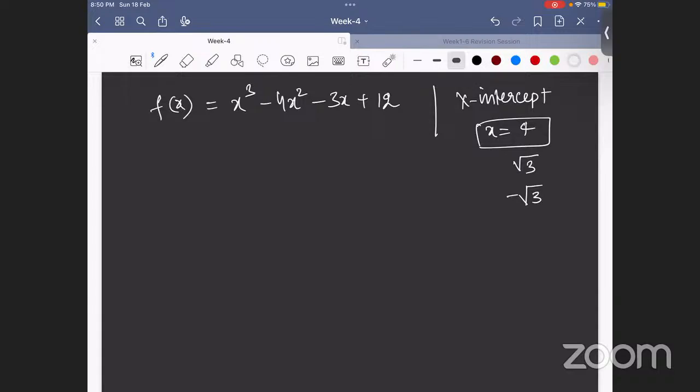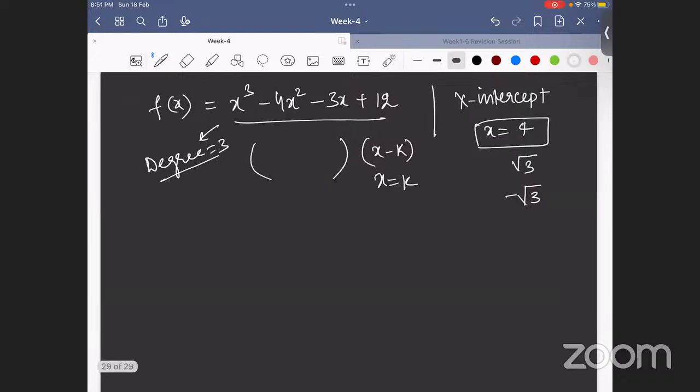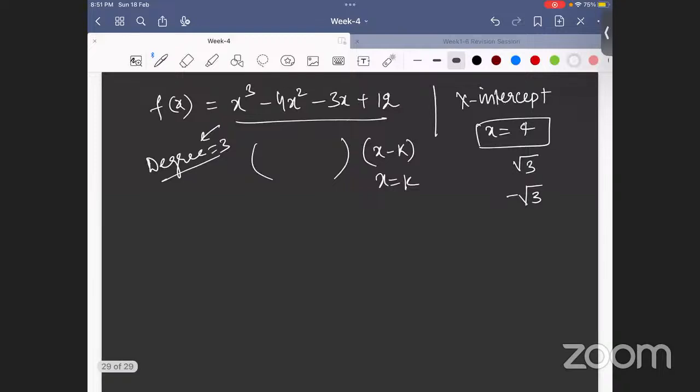The first method that you can approach is to solve directly. This function is of degree 3, right? If I am able to find one root of this function, let's say x equals k is one root, and I divide this whole function by x minus k, because x equals k is my root, then whatever quotient I get will be of degree 2.